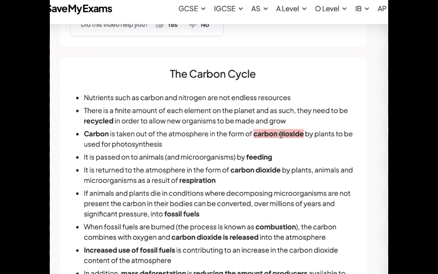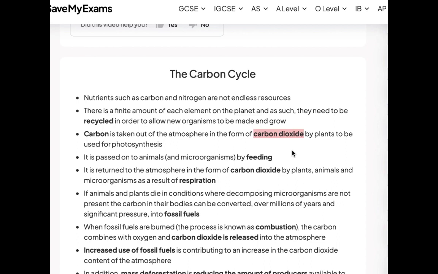This carbon that returns to the soil is used in the long run to produce coal and oil, petroleum. This coal and petroleum, by the process of combustion, releases a lot of carbon dioxide back into the atmosphere. And by so doing, we get carbon dioxide.